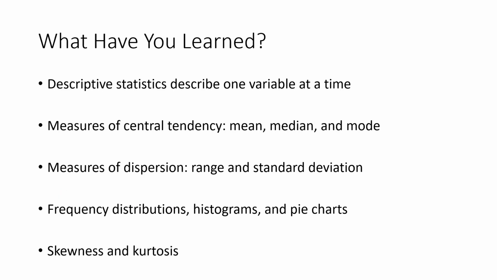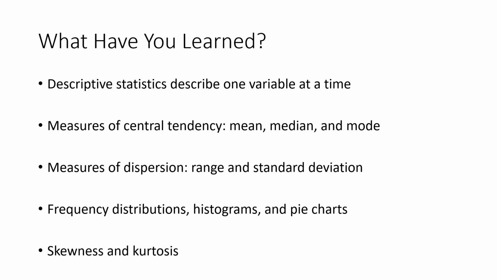Now let's take just a brief moment to summarize what we've learned over the last 3 lectures. So these correspond to chapter 3 of the textbook. We've looked at descriptive statistics and how descriptive statistics describe one variable at a time.